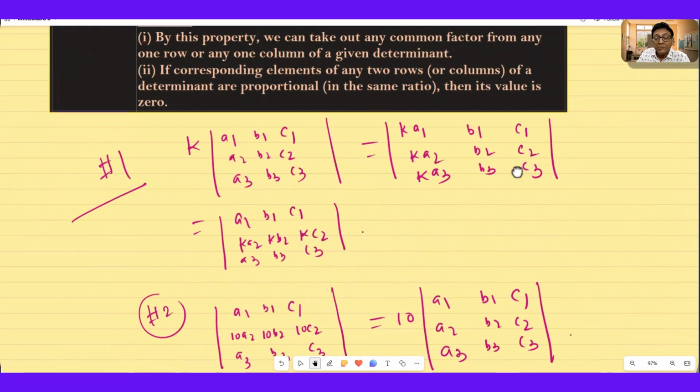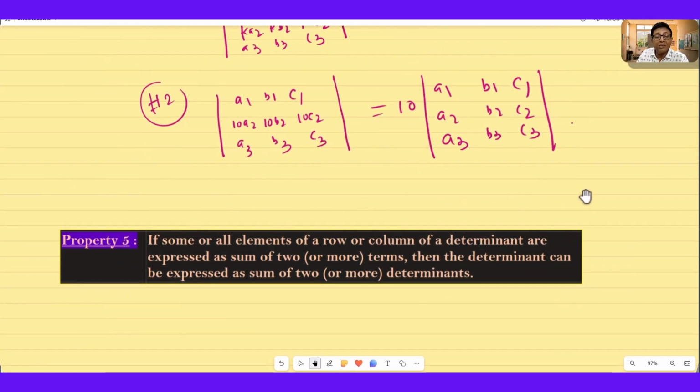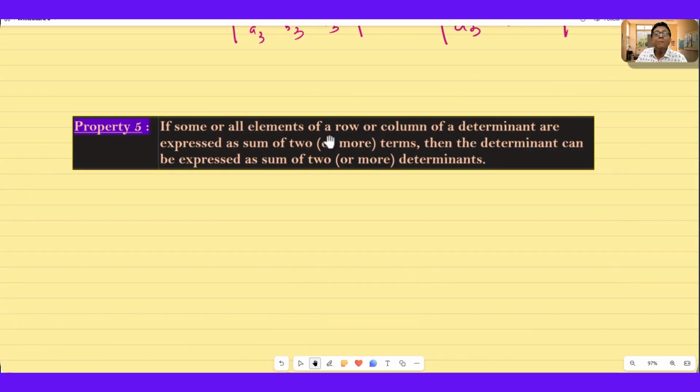Okay? Let us go for the next one. If some or all elements of a row or column of a determinant are expressed as a sum of two or more terms, then the determinant can be expressed as a sum of two determinants. This time, let me make it very clear to you just by considering this.